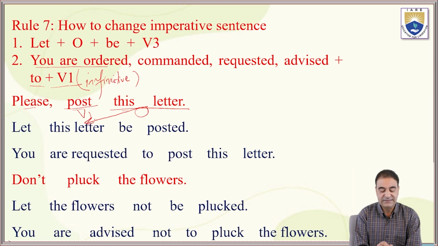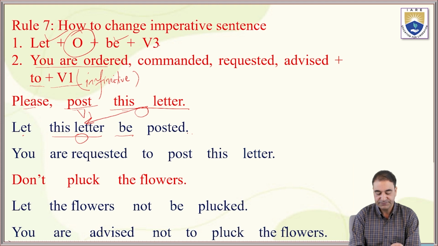Like here, this letter. Or you can say introduce let. Let, then followed by object. Here the object is this letter. Then followed by be. And then verb in third form. And the third form of post is post.